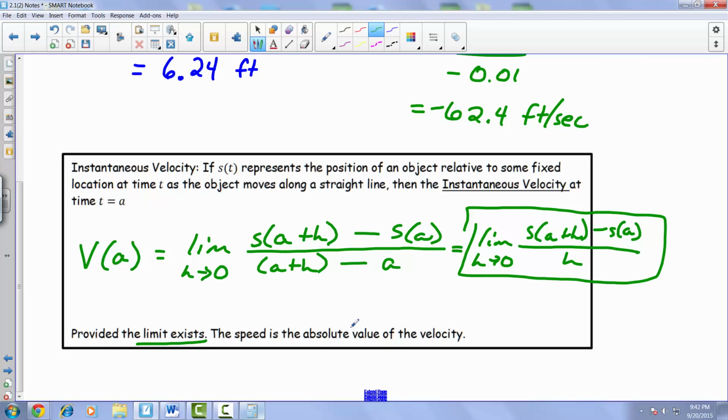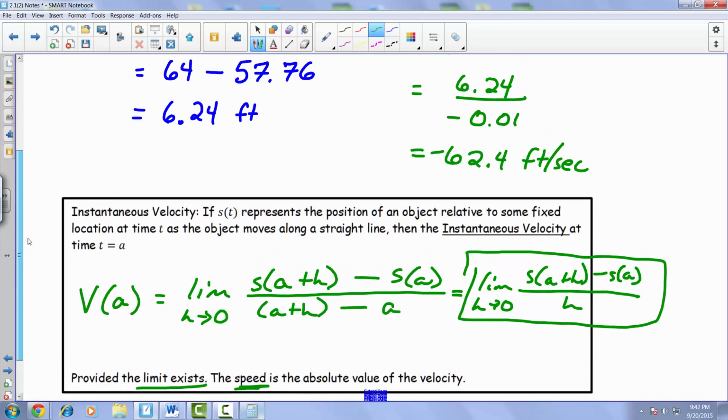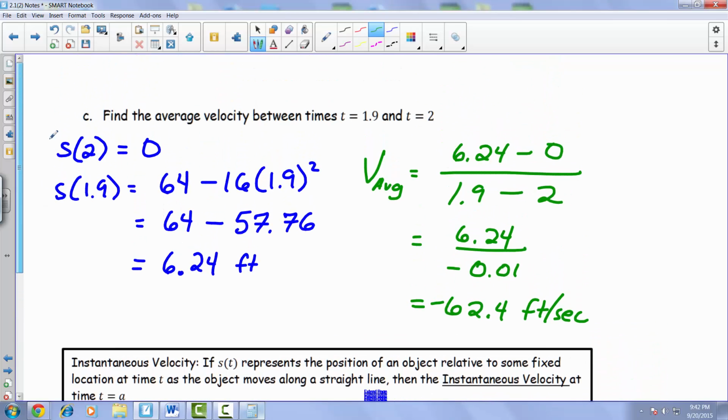And the speed, this is actually pretty important, the speed is the absolute value of that velocity. So for example, if we were just looking at these speeds, yes, it was negative 62.4 feet per second for this example, because he's falling down, but the speed of that would just be 62.4 feet per second.